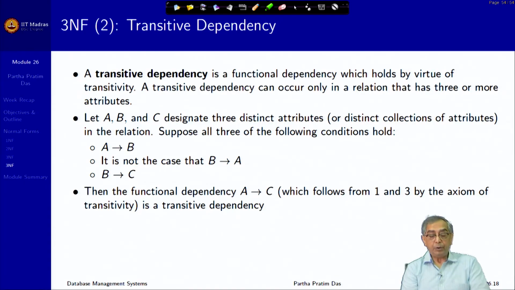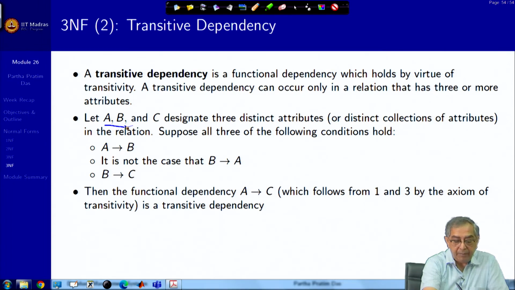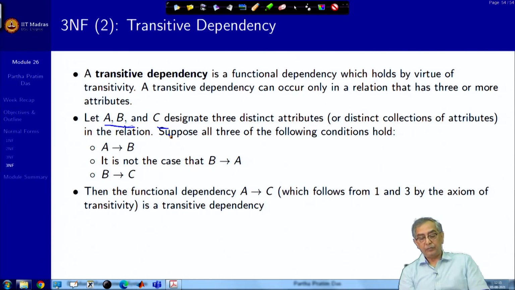So, here we talk about transitive dependency. A transitive dependency is a functional dependency which holds by virtue of transitivity. Right. The transitivity can occur only in a relation that has 3 or more attributes, because A determines B, B determines C. So, if we have 3 attributes A, B and C, or this could be distinct collections also, need not be just attributes.